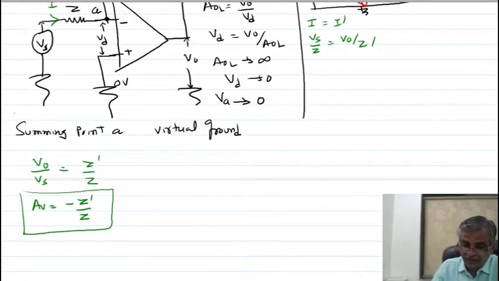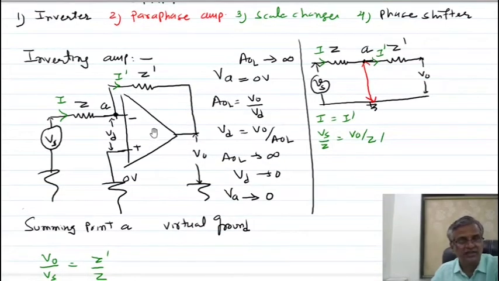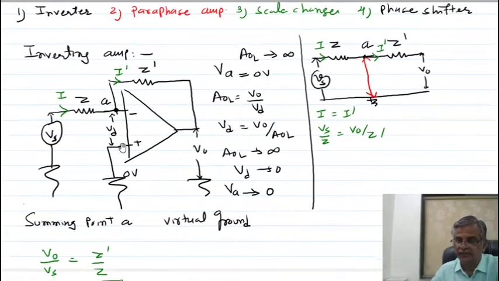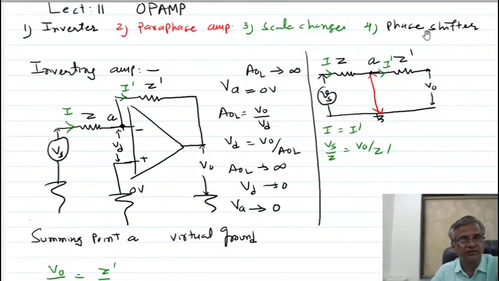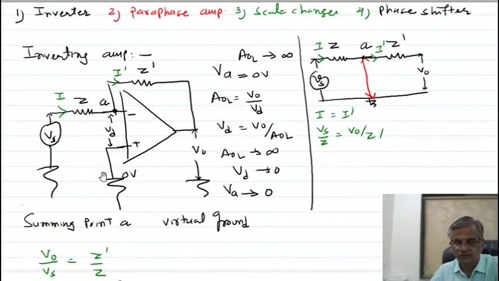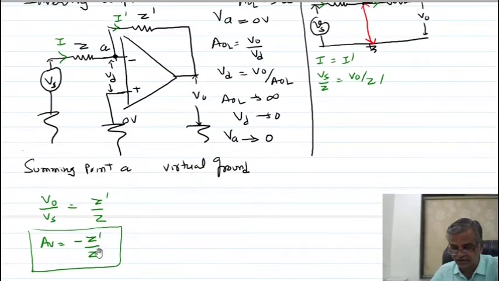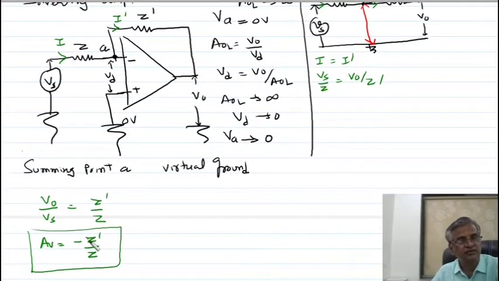Now, I told you that from this you can prepare different circuits: inverter, paraphase amplifier, scale changer and phase shifter. So look here. I am discussing the first circuit, the inverter. In this basic inverting amplifier circuit, if I take Zs equal to Z, then the gain is minus 1.